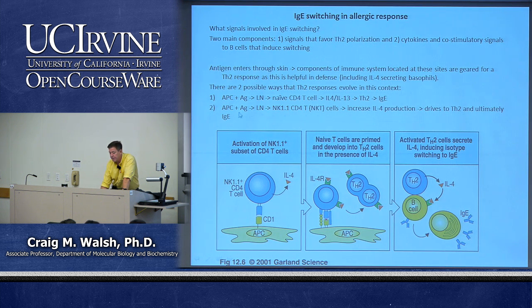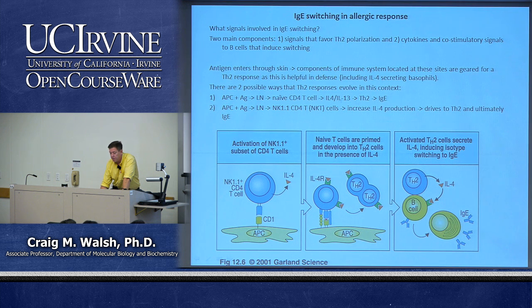An example of that is that an NK T cell can become activated and start to increase the production of IL-4, and the result is that any naive T cells, standard T cells around, in the presence of this IL-4, are then activated by the allergen and tend to switch to this Th2 phenotype.